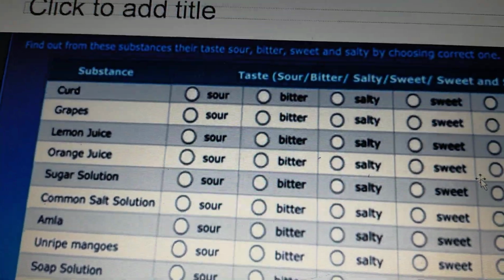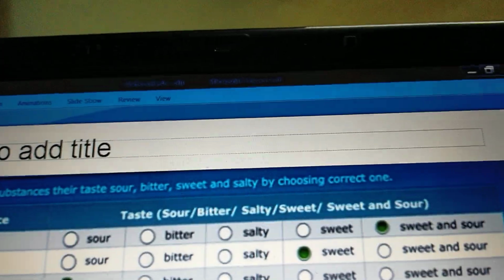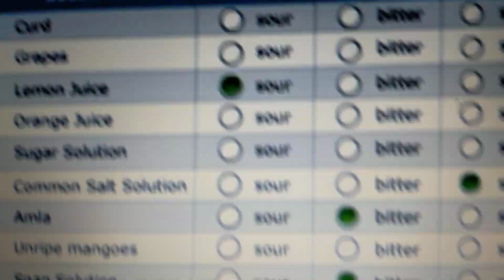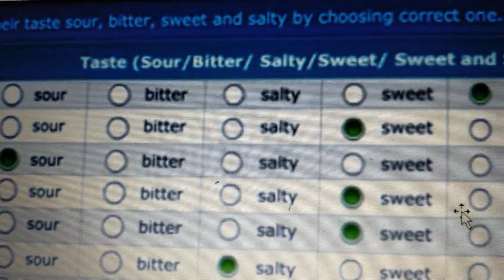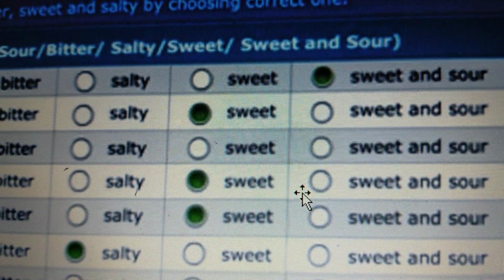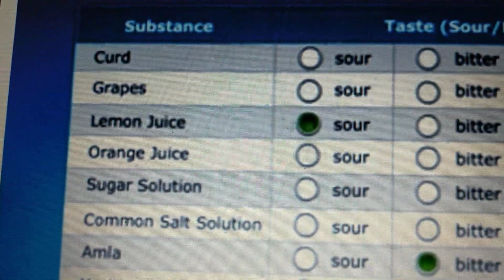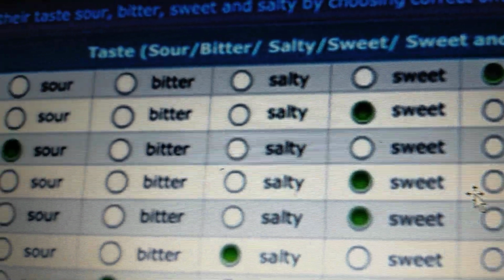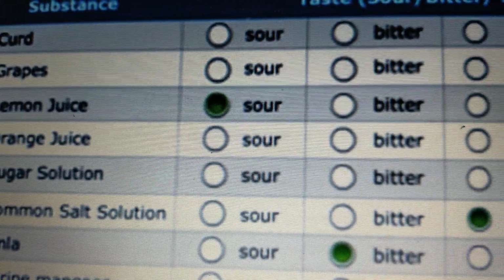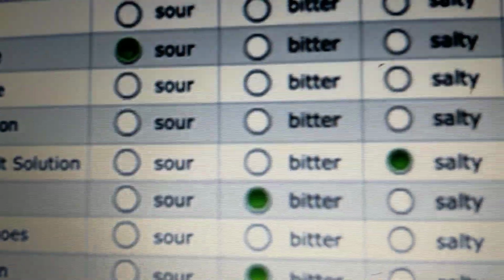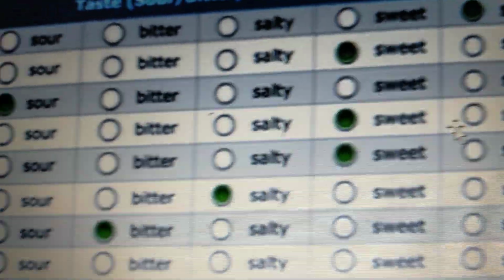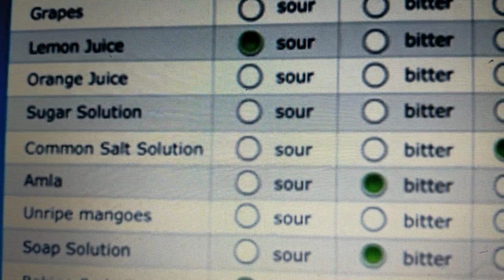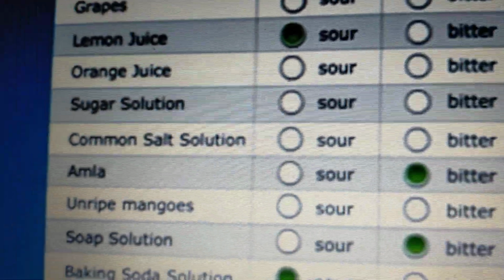Right? Now, see here. First I said about curd. Curd is having what type of taste? Sweet and sour. Grapes is having what type of taste? Of course, sweet. Lemon juice, sour. Orange juice, sweet. Sugar solution, obviously sweet.